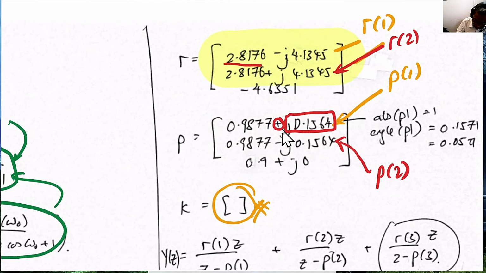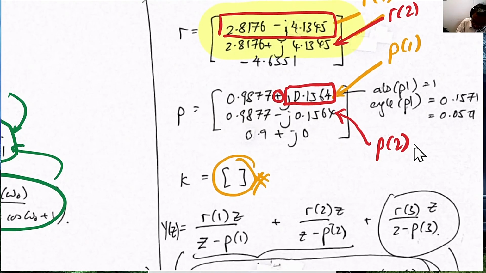Then you look at the corresponding R. Alright, and we can convert this value here from rectangular form into polar form. So 0.9877 plus j 0.1564, the absolute value is 1 and the angle is 0.05 pi.